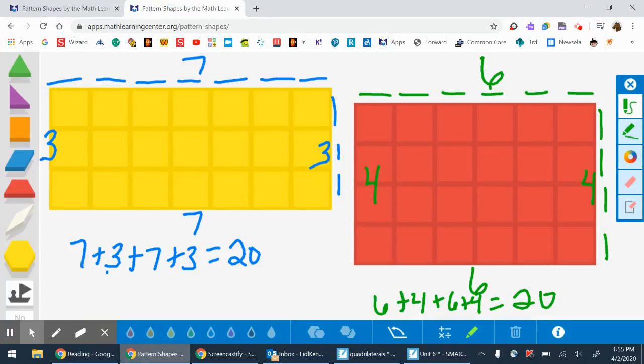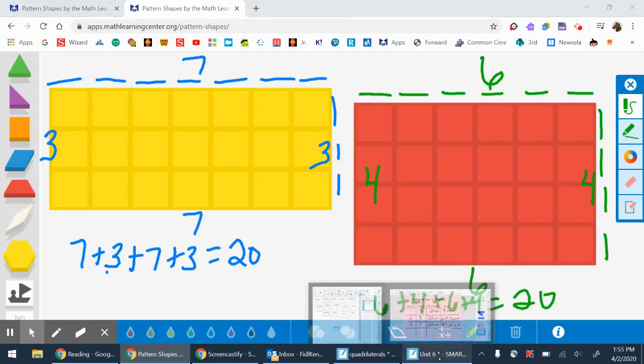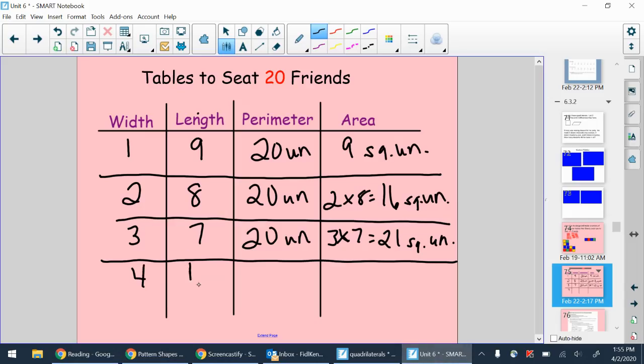We'll look at the red one next. We had a height or width of 4 and a length of 6. My perimeter was 20 units. And 4 times 6 to find my area is 24 square units.